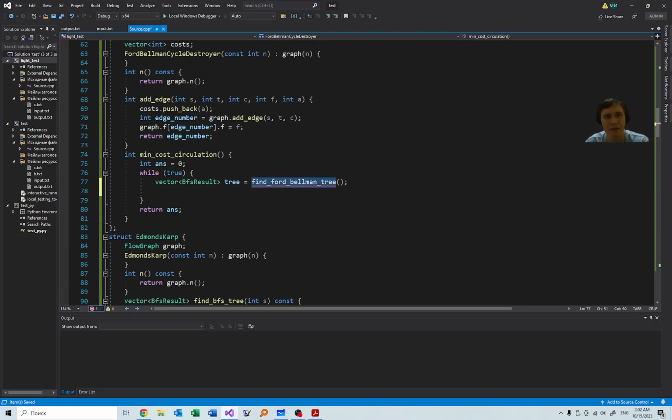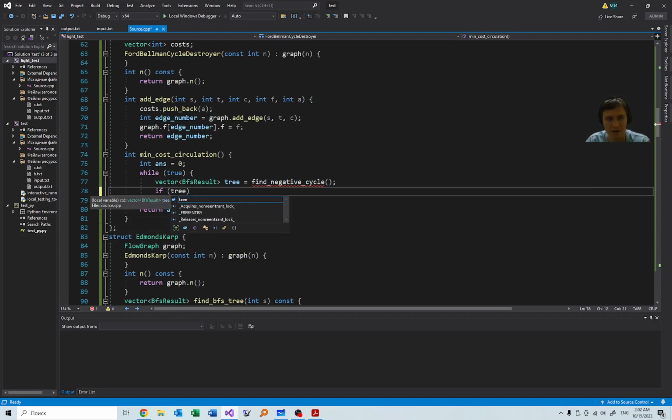No, I think I will need a negative cycle. Find negative cycle. So if tree.empty, I just break.